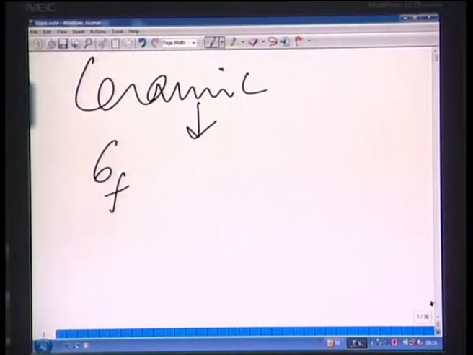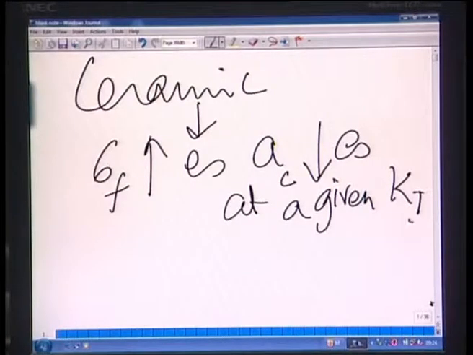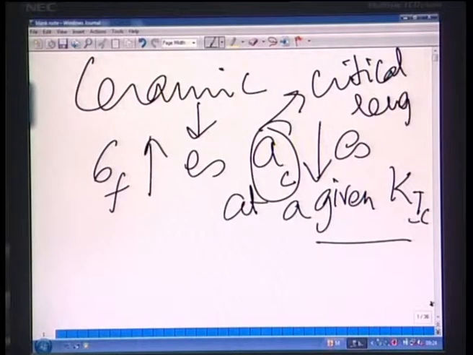So basically for ceramic materials, if the fracture strength sigma f increases, your critical crack length, let's say a_c, decreases systematically at a given K1C value. So when K1C is constant, if sigma f increases, your a_c, the critical crack length, decreases significantly, and this decrease is quite significant, as we have seen in the table.